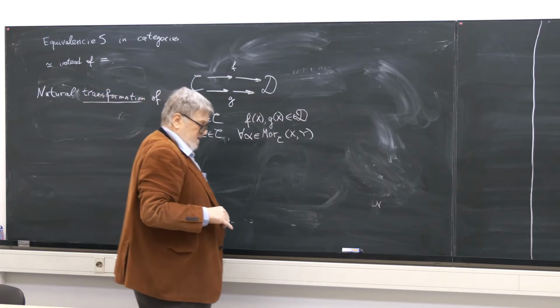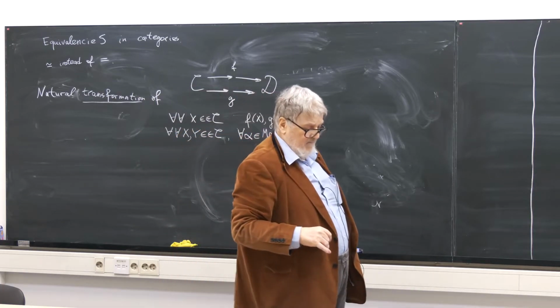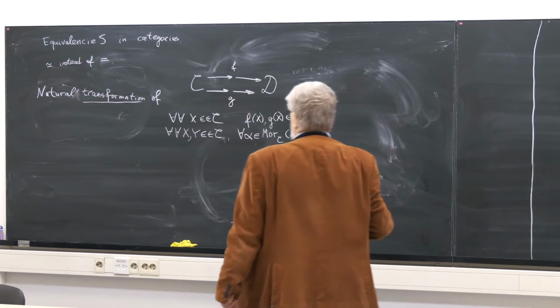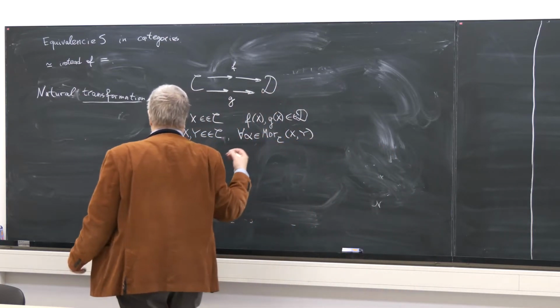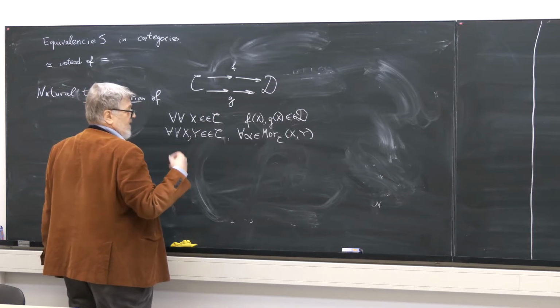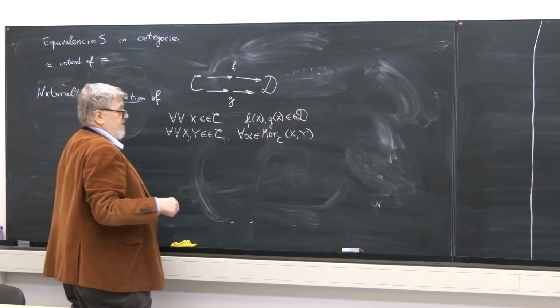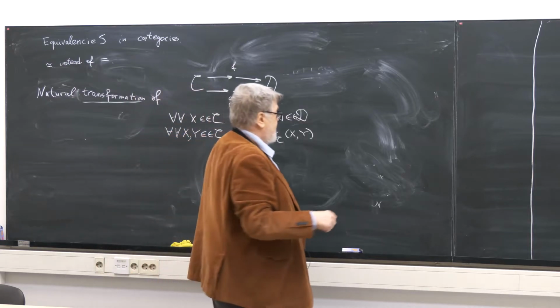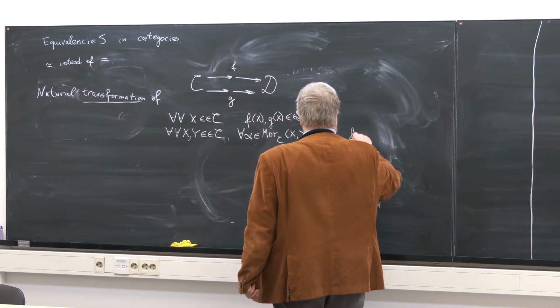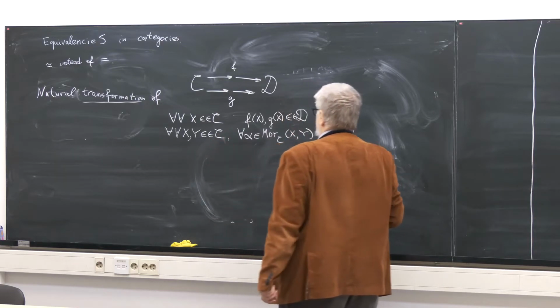So there was a small misunderstanding a week ago, just because I did not introduce and assumed as known the notation for the action of a functor on a morphism.